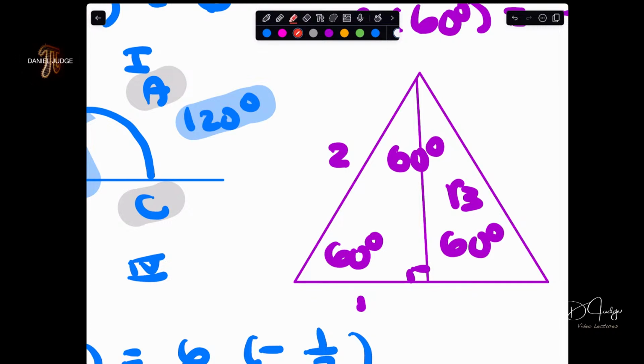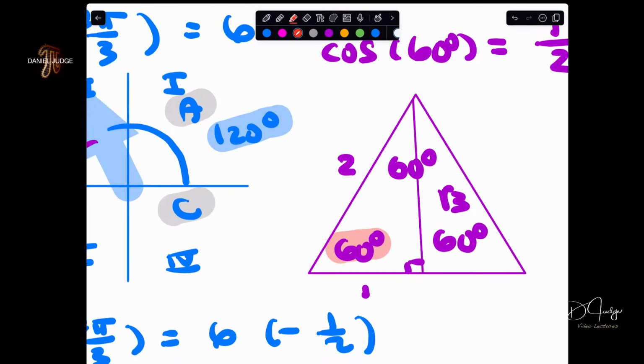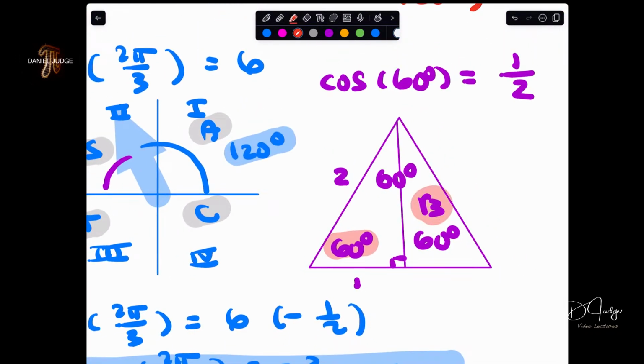If I'm going to look at 60 degrees, sine is opposite over hypotenuse. Cosine is adjacent. If I change the color, cosine was adjacent over hypotenuse. It was the 1/2. But this is for the reference angle.